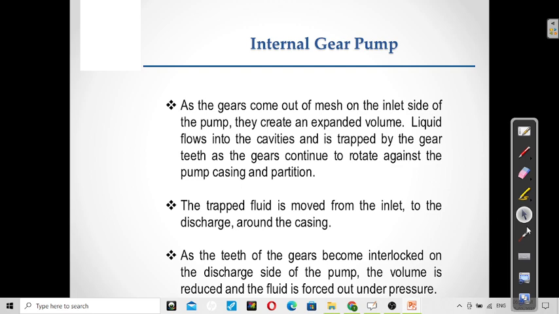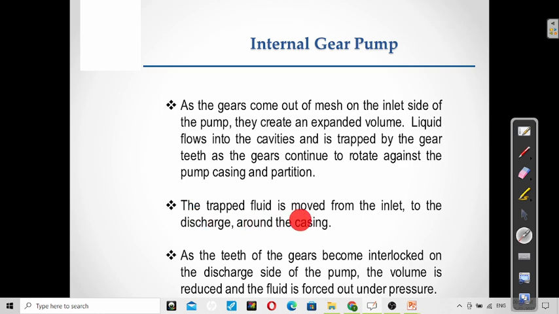The main thing is that there is no partition in the external gear pump, but here there is a partition in the internal gear pump. This is the main difference between the external and internal gear pump. Remaining things are the same as the external gear pump.